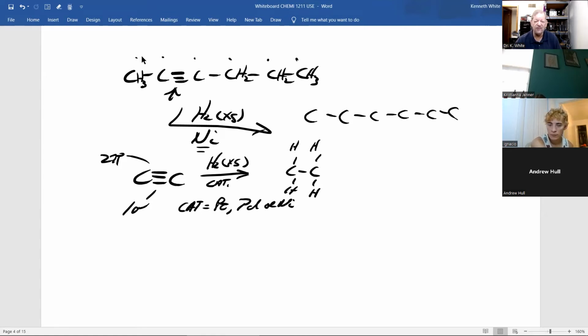The 2 carbons of the triple bond, notice I broke the 2 pi bonds, so there's only 1 bond or line between them. Each one gets not 1, but 2 hydrogens. And I know there are 4 bonds to carbon, so I can put in the rest of the hydrogens.